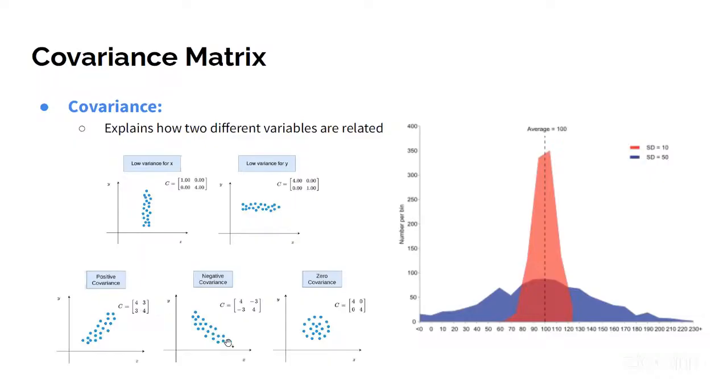If the line goes like this, we have negative covariance. And if there is no pattern, you have zero covariance. This is how data should be in 2D. Again, you can't imagine it beyond 3 dimensions, but this is how you can imagine your data to be in 2 dimensions.